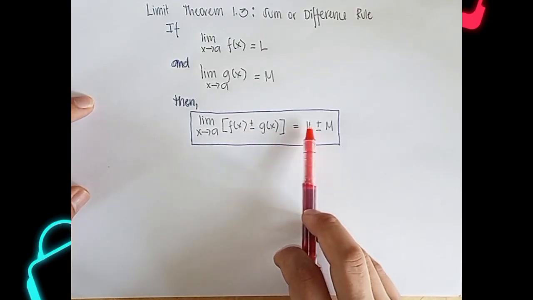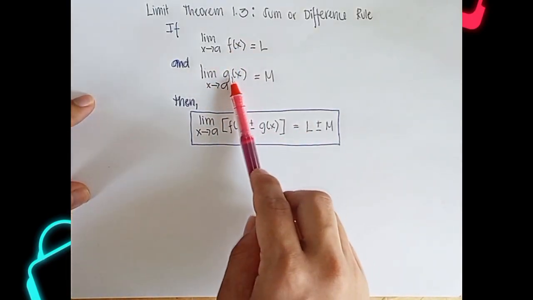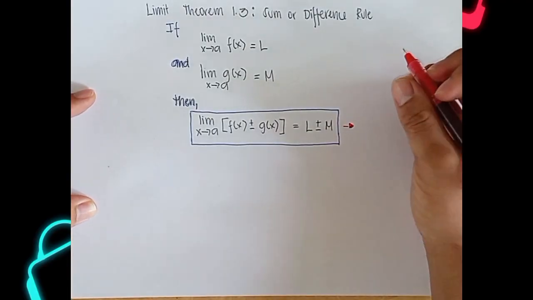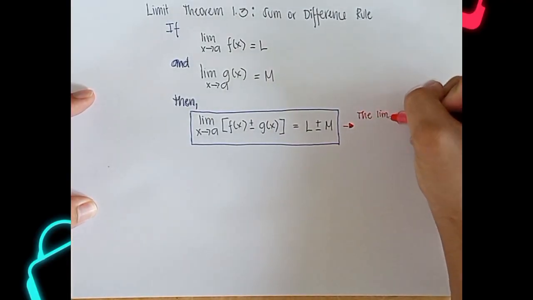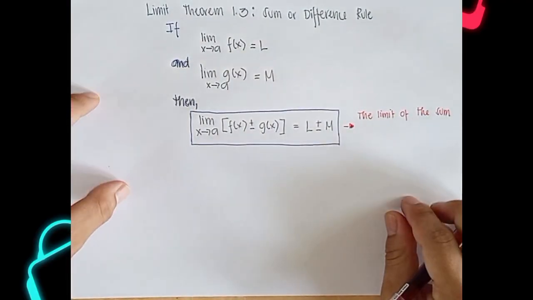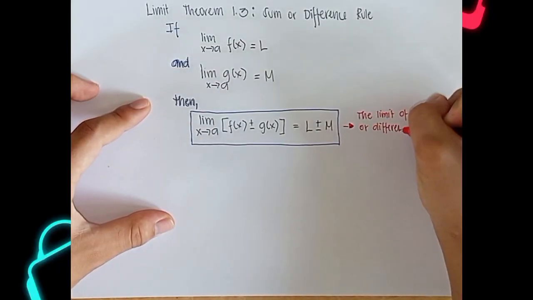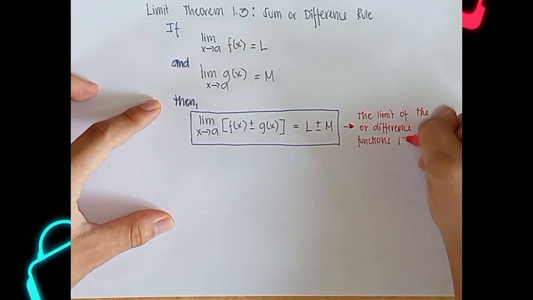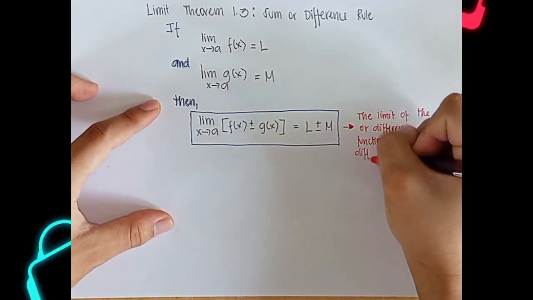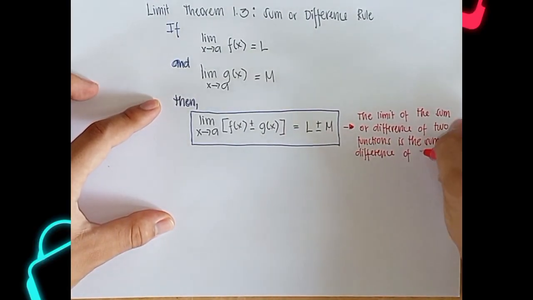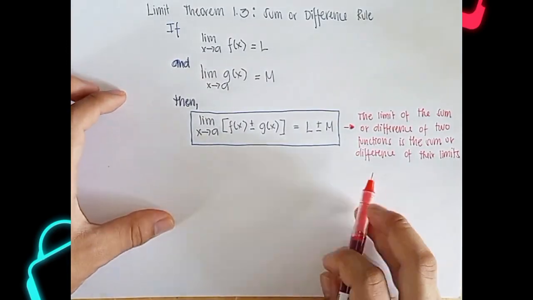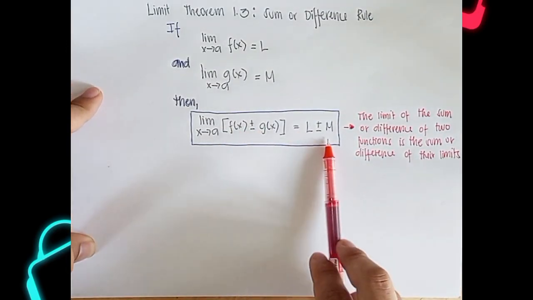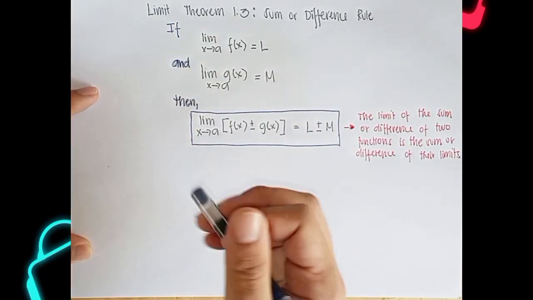It tells us that if the individual limits of two functions f of x and g of x exist as x approaches a number a, then the limit of their sum is the sum of their limits, and the limit of their difference is the difference of their limits. This rule allows us to split up limits over addition and subtraction, making it much easier to compute complicated limits by handling each part separately.